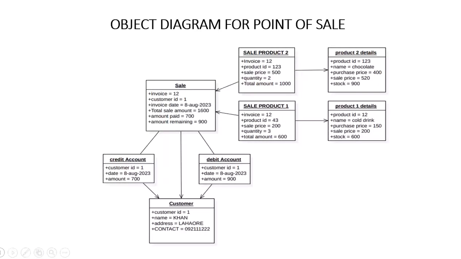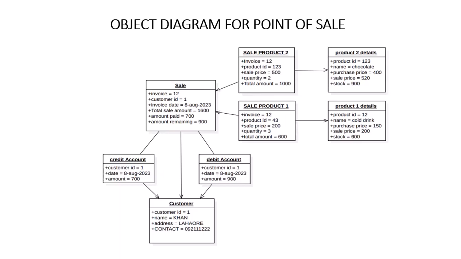So let's come to discuss the object diagram for point of sale. The class diagram for point of sale was explained already in the last lecture, where different dependency types were mentioned. In the class diagram, we took two classes, sale and sale detail. In sale detail, we have one attribute, product ID.